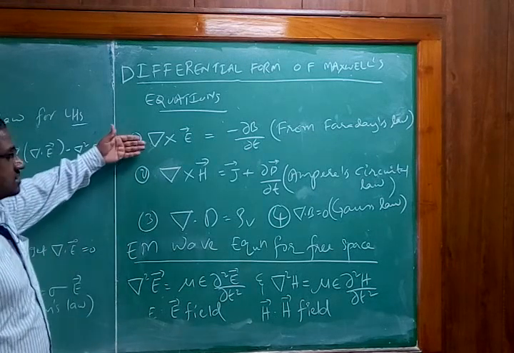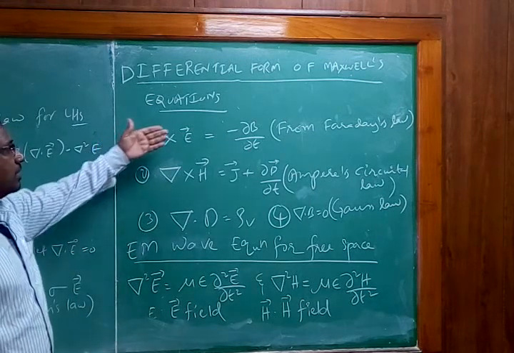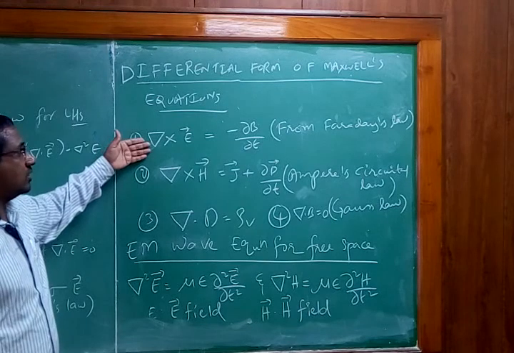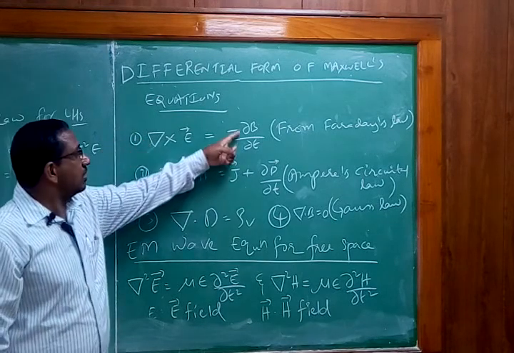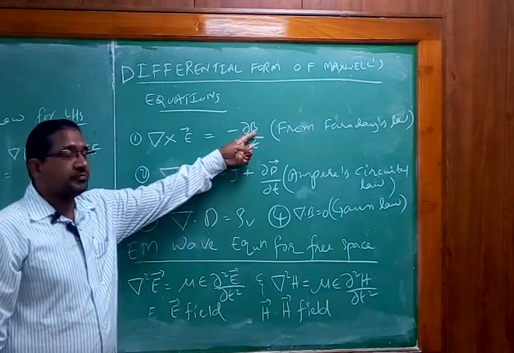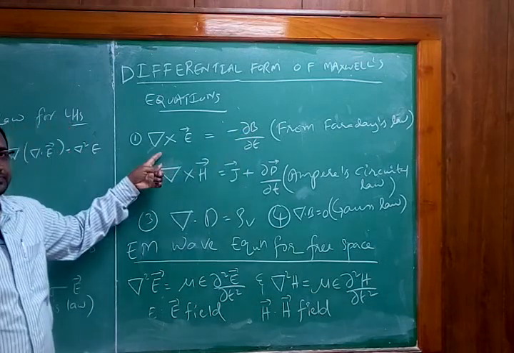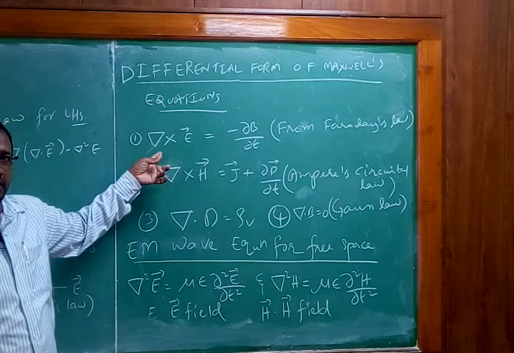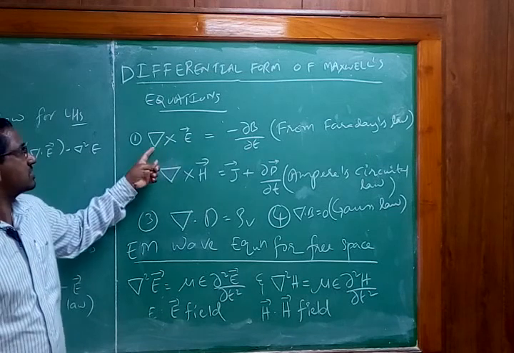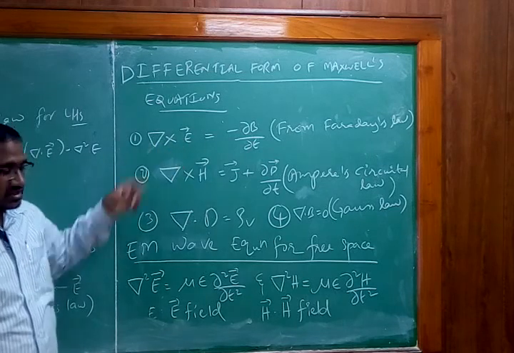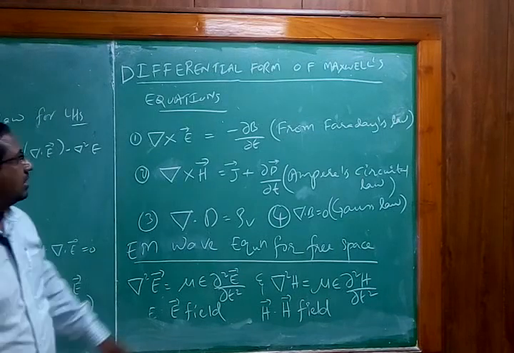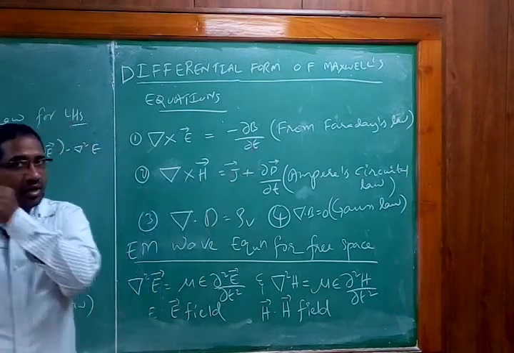So the first equation is del cross E is equal to minus dou B by dou T. What is this equation telling us? The rate of change of the magnetic field is going to produce an opposing electric field. This operation is known as curl, del cross E. Del is a spatial domain operator, whereas T is a time domain operator.